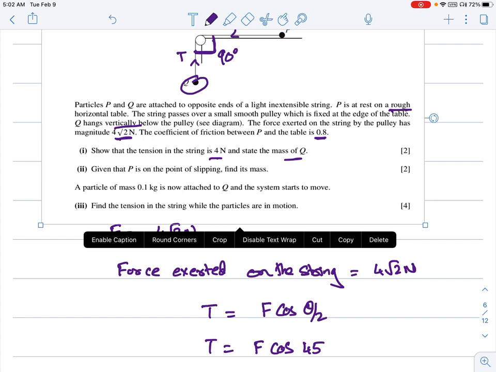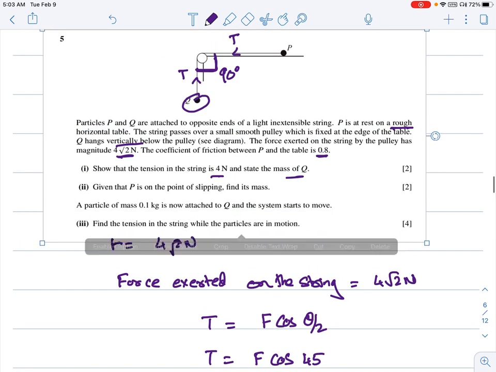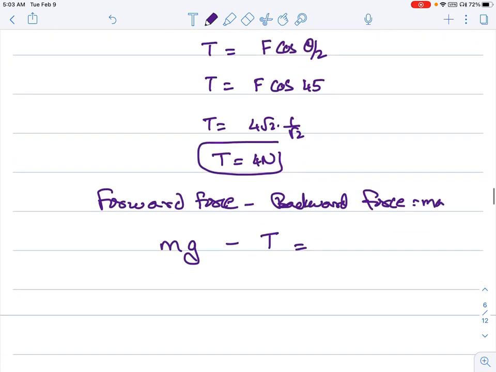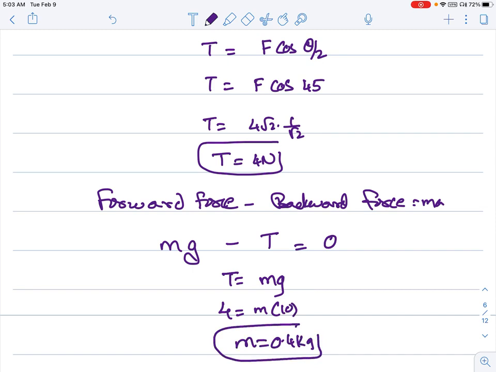It is in equilibrium. It is not falling. It should be in equilibrium. It is at rest, right? So ma has to be equal to 0. So tension is equal to mg. So tension is 4, m I don't know, g is 10, so m is equal to 0.4 kgs. That is the mass of the particle Q.